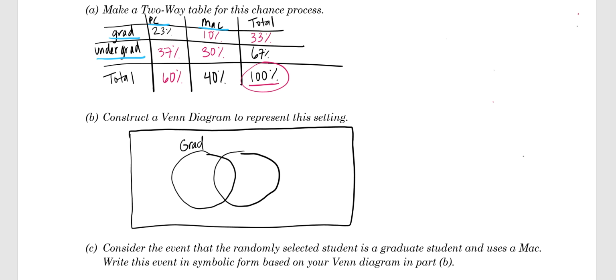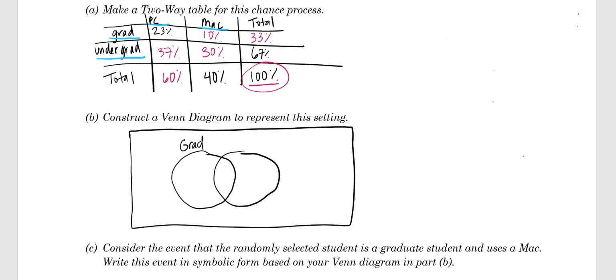I'm going to make this circle the graduate circle. This guy right here. And if I have made this the graduate circle, then the other circle must not be what? It can't be, the only thing it can't be is the undergraduate circle. Why is that?